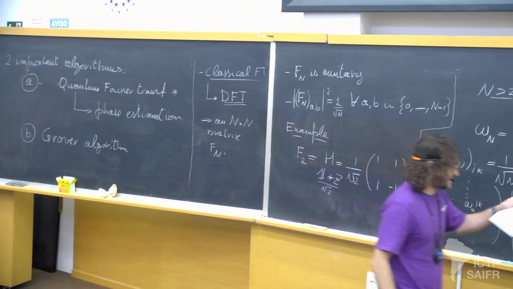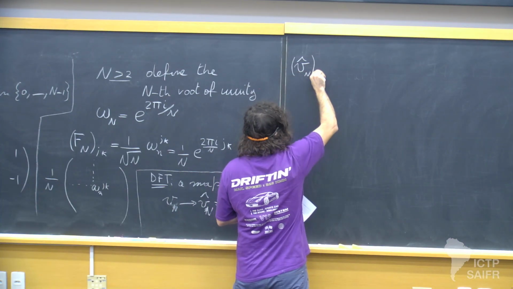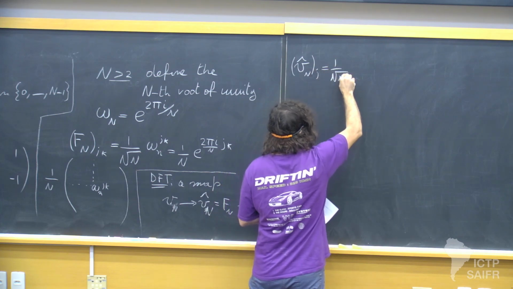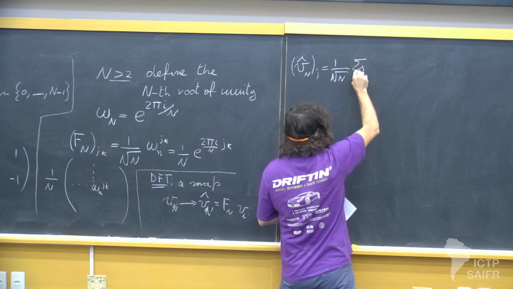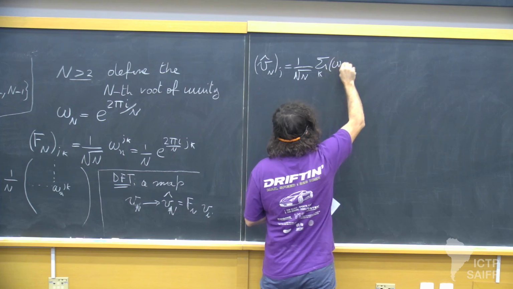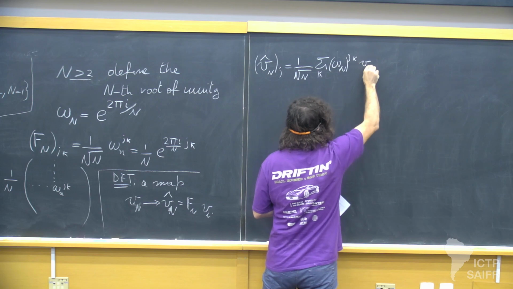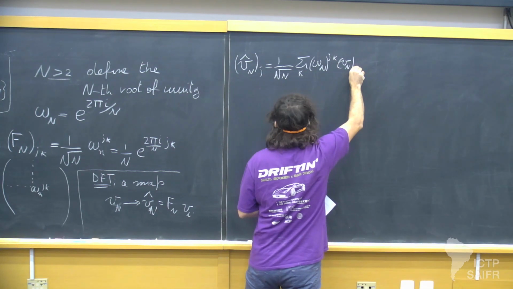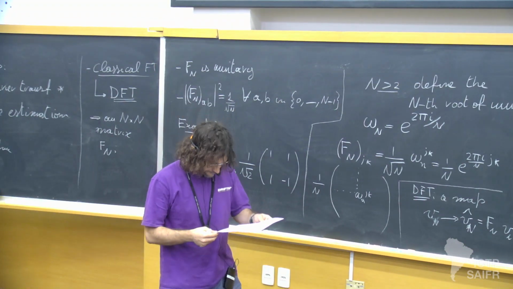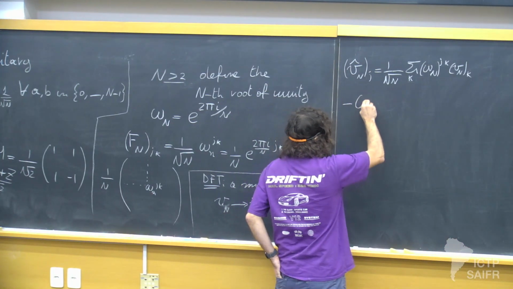Explicitly, it's a triviality: V-hat component j is equal to 1 over square root of n, summation over k of omega n to the power j times k, times Vn component k. Okay, so this is our formula. So classically, what is the complexity of this algorithm?